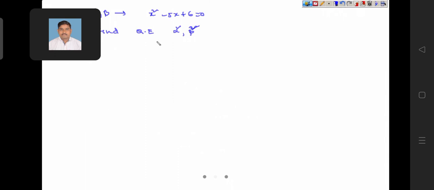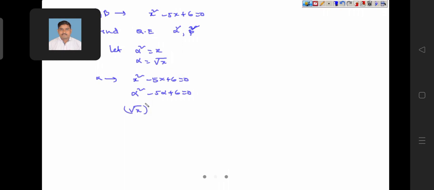Let us assume that alpha square is equal to x. Then alpha is equal to how much? Root x. Since alpha is the root of x square minus 5x plus 6 is equal to 0, alpha square minus 5 alpha plus 6 is equal to 0. But what is alpha? Root x. So (root x) whole square minus 5 root x plus 6 is equal to 0.